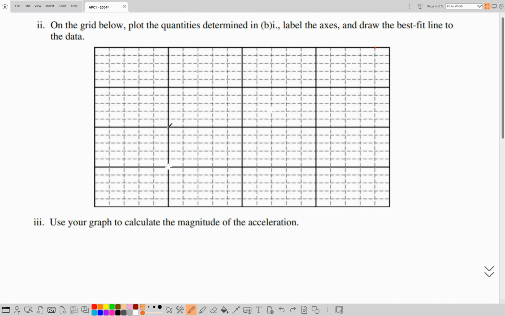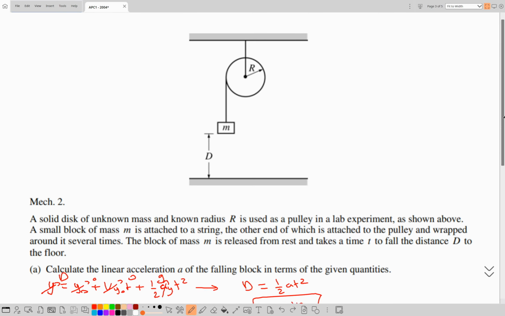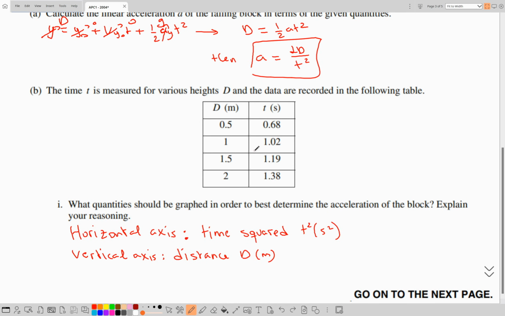On the grid below, plot the quantities determined in B idea 1, label the axes and draw the best fit line. Now as we have agreed that we're going to plot d as a function of t square, so let me add the following column given by t square and has unit of s square.